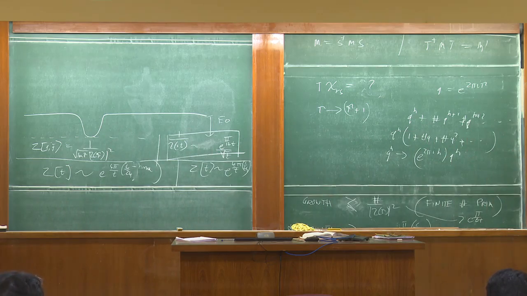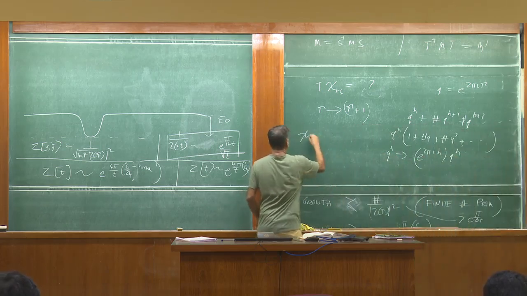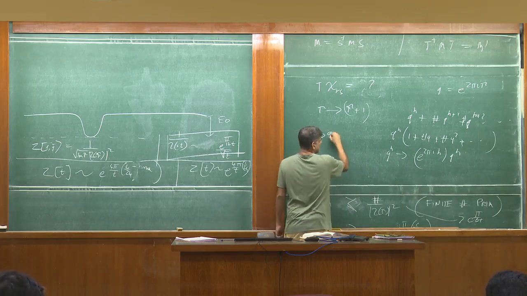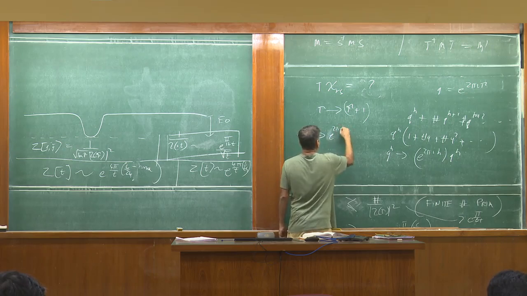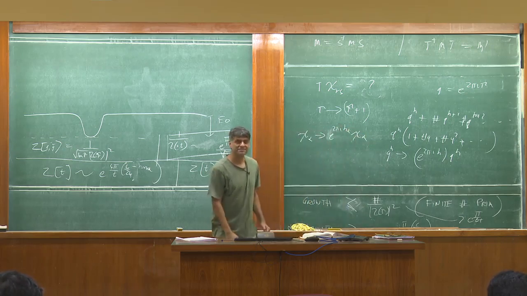The phase is completely determined by the holomorphic dimension of the operator. So what we've got is chi alpha goes to e to the power 2 pi i h alpha times chi alpha under the modular transformation.